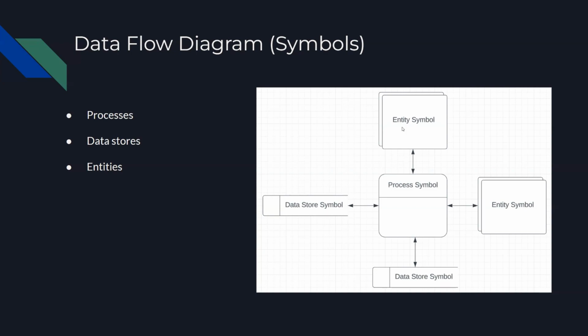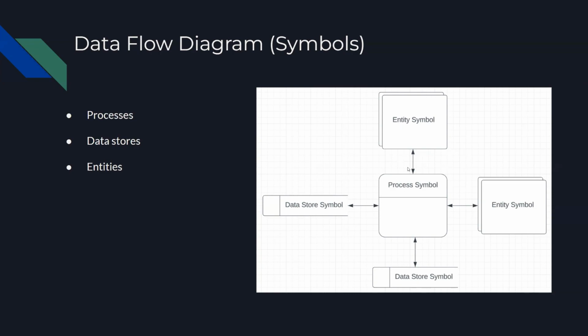And then the entities, which would be the entity symbol, which are seen here, these two rectangles. An entity symbol in a data flow diagram is represented by a rectangle, of course. So it looks similar to the process symbol, but the process symbol has curves around the edges. It's often shaded to have a three-dimensional appearance with the entity's name inside.